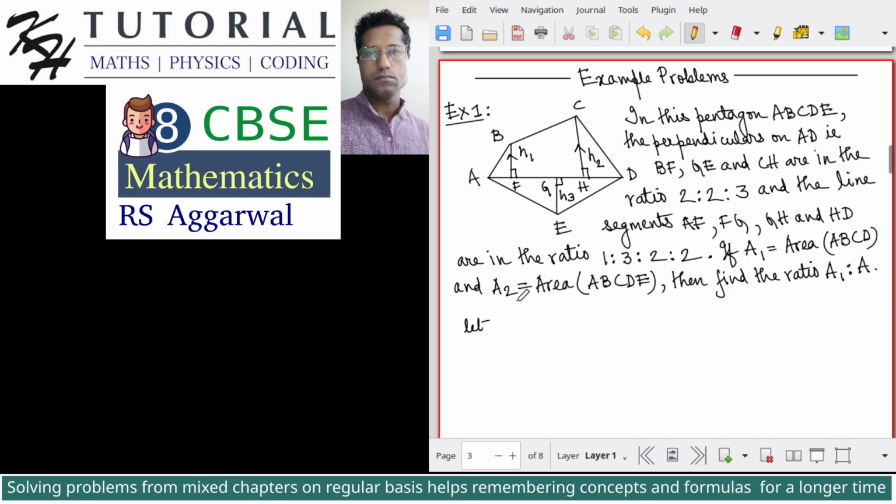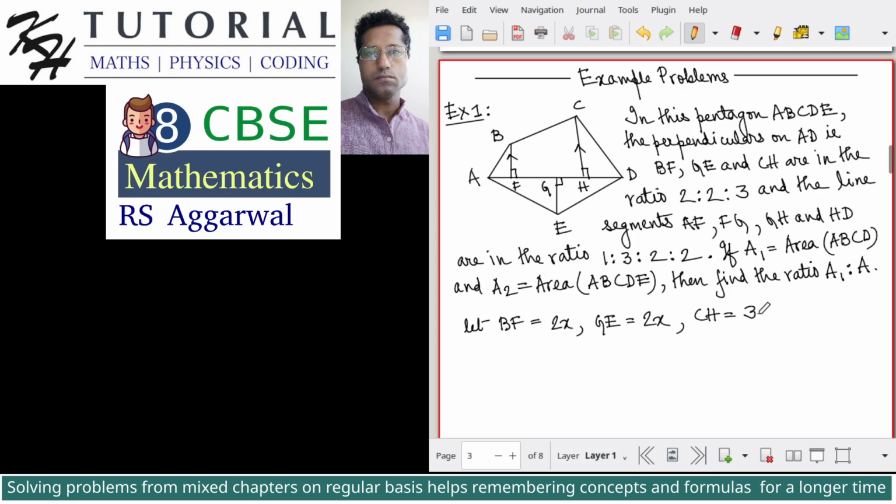But we are given the ratio of the perpendiculars, so it's better that we use the concept of ratio and proportion. So since the ratio of the perpendiculars BF, GE and CH are given as 2:2:3, so let BF be equal to 2x, GE be equal to 2x, based on the given ratio, and let's say CH is equal to 3x.